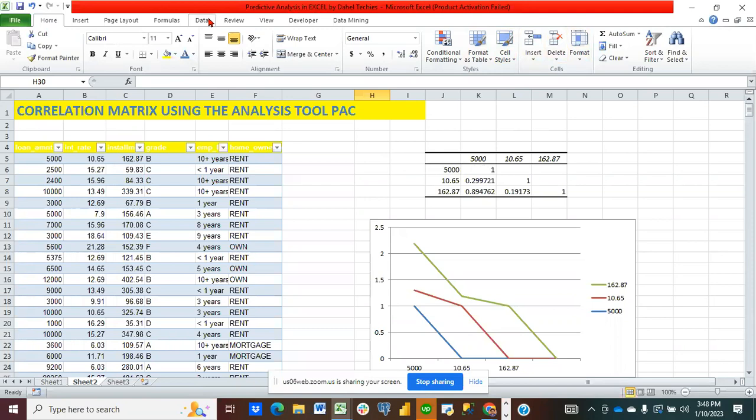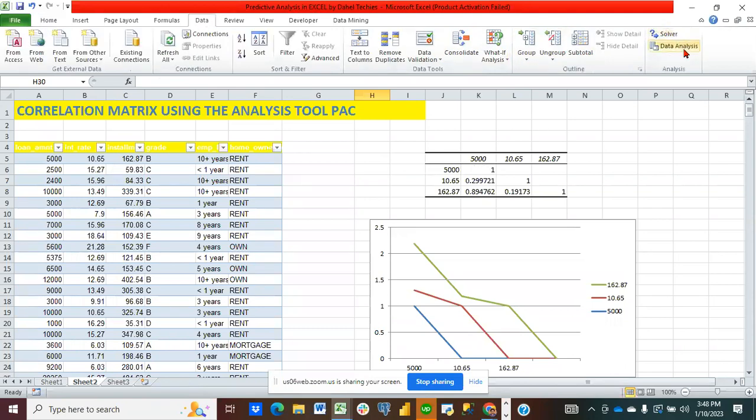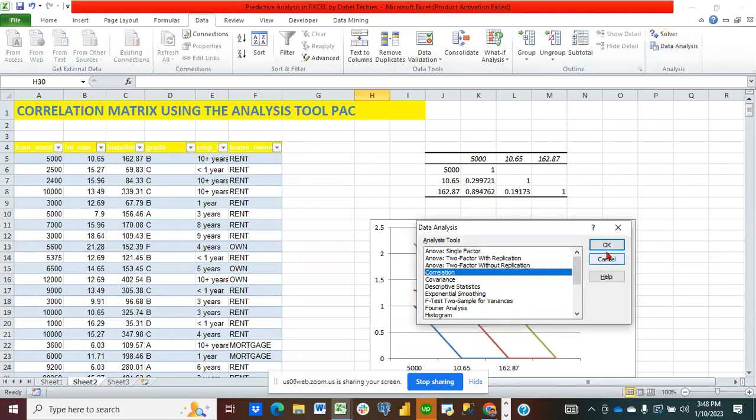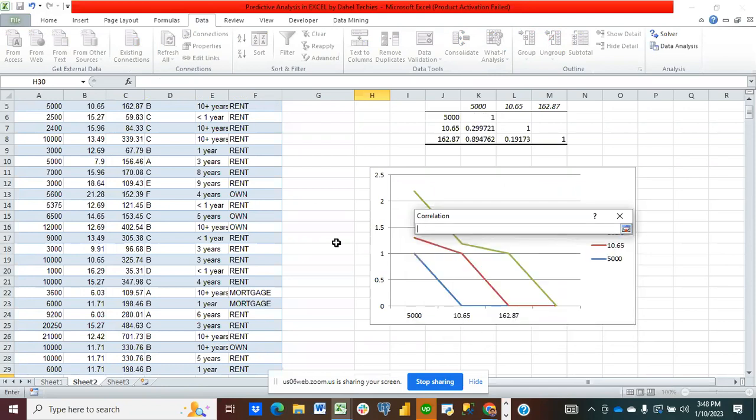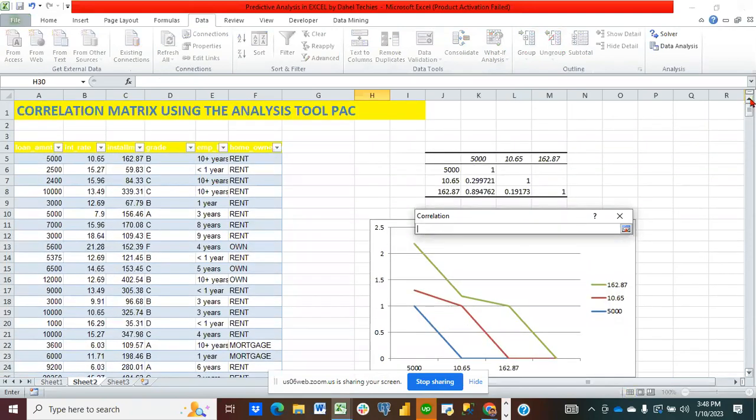That's a brilliant one. Let's do the correlation. You highlight this, and this.